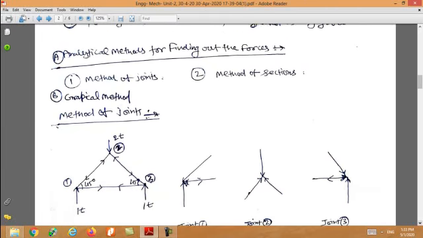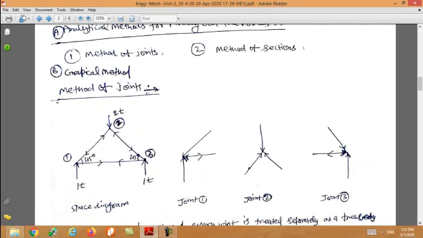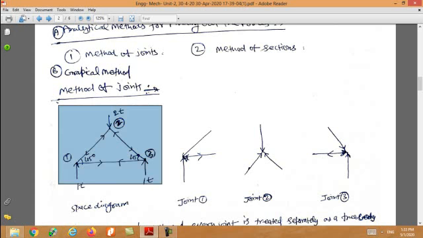So what is the method of joints? Because the name is given joints, it means we will consider the joints and do the analysis about the joints. In this diagram you are seeing a simple truss with three joints and three members.